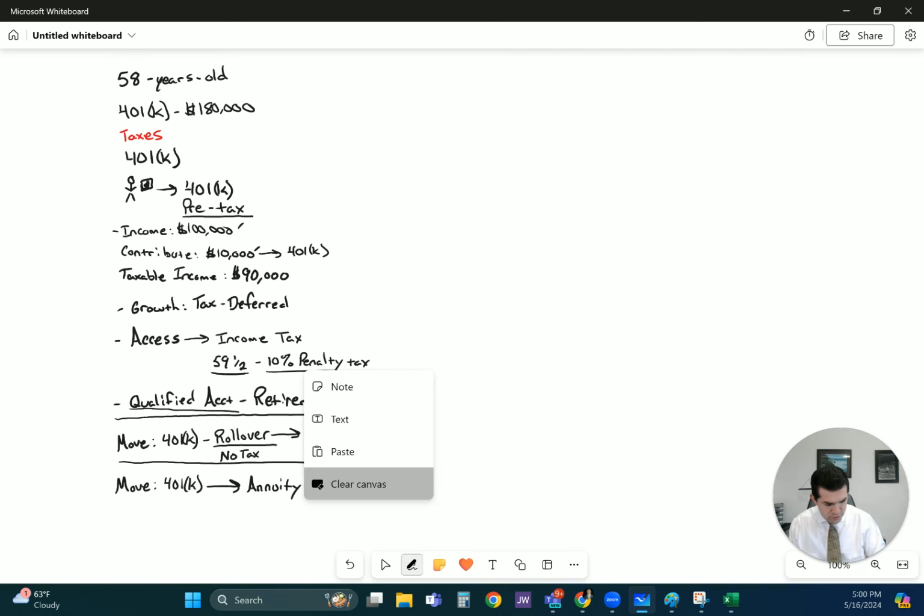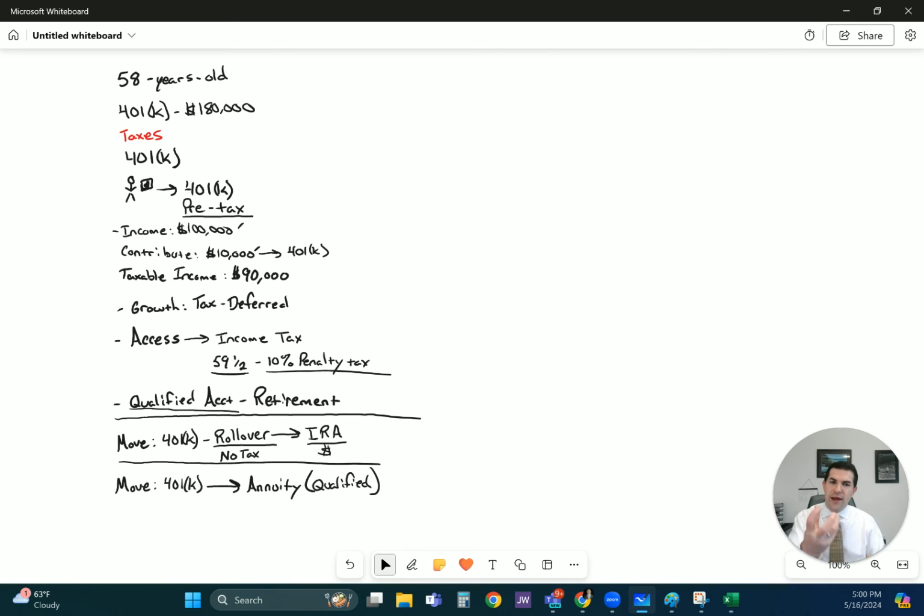This would be considered a qualified annuity, just like the qualified 401k, meaning it'll still grow tax deferred, but when I eventually take money out to live on or do whatever I want with, I'm going to have to pay income tax on that. So the annuity is qualified, but when he transfers money from the 401k to the annuity, there's no tax there.